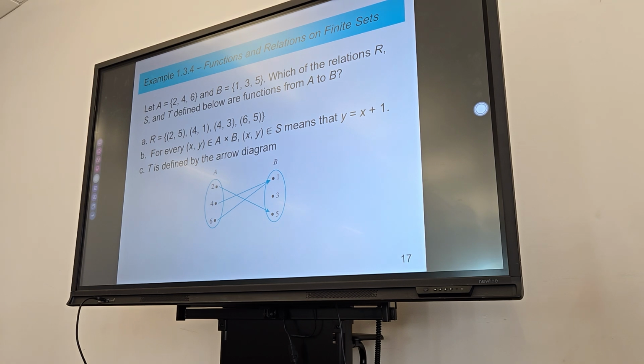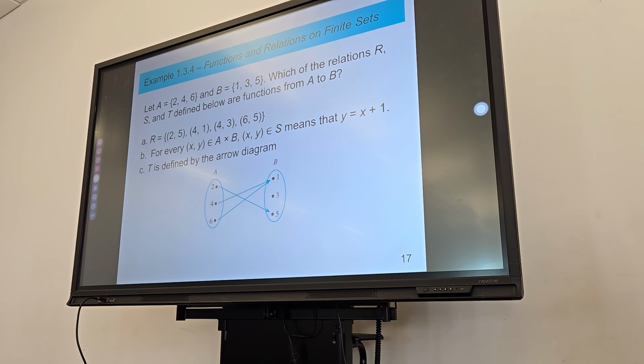We'll look at R and S in just a minute, but looking at T, does T look like a function? I see some shaking heads, I see some nodding heads. What's the definition?